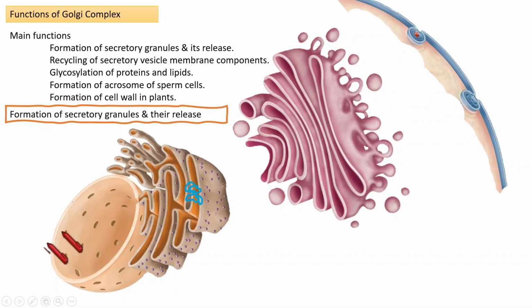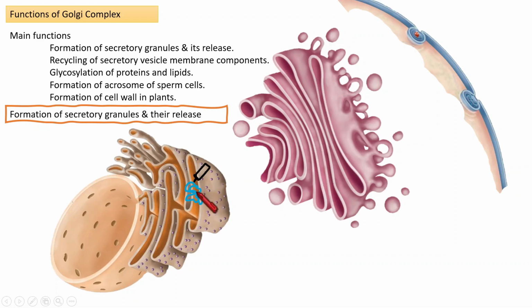Inside the endoplasmic reticulum, because of translation, some proteins are forming, and after they form there, they get attached with an address, a signal or label, and that label tells where this protein needs to be transported.